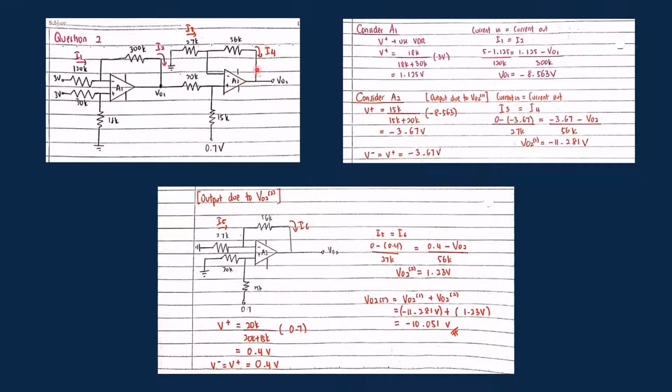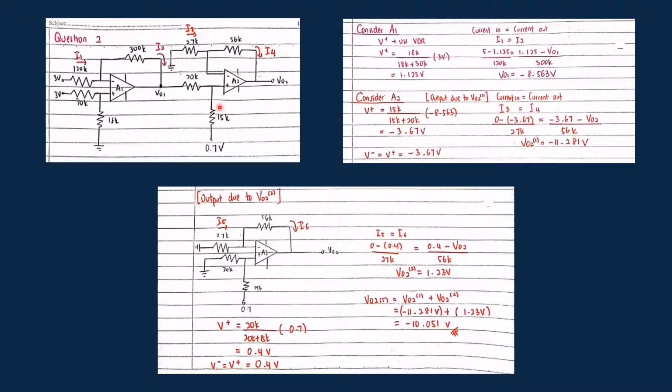Right, so by looking at A2, this is the voltage summing, which has two resistors here, and the resistor here is connected to the ground. So this is the voltage summing.